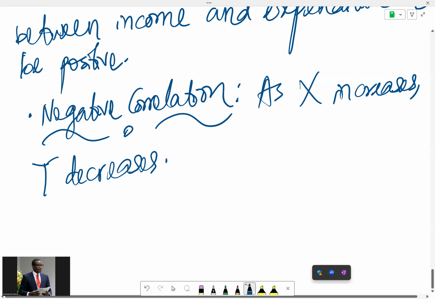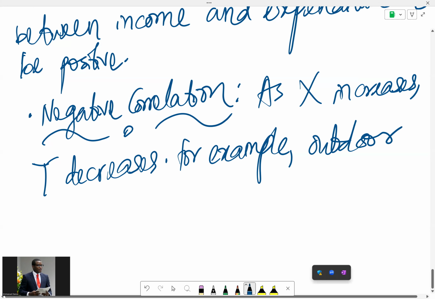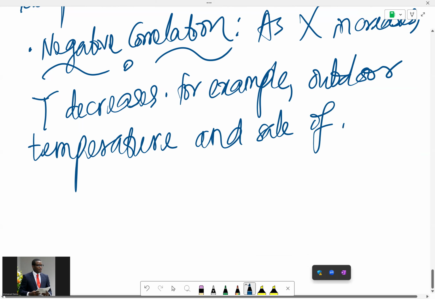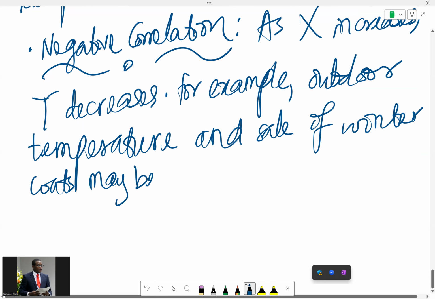For example, outdoor temperature and the sale of winter coats may have negative correlation.